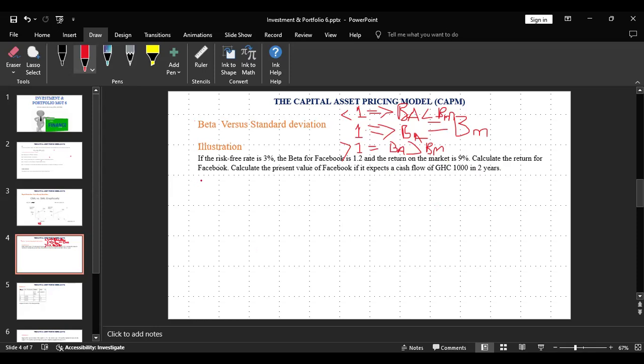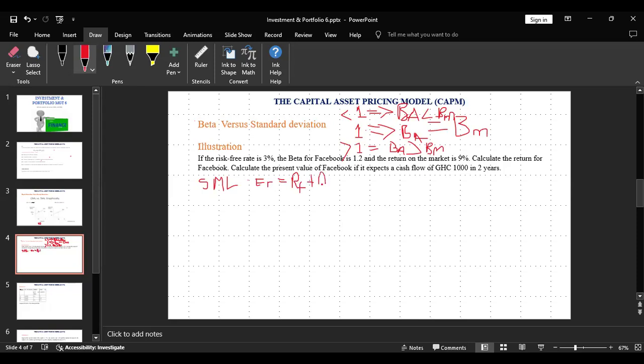So in using security market line, the formula is given by what? Expected return is equals to risk-free plus beta of the investment.